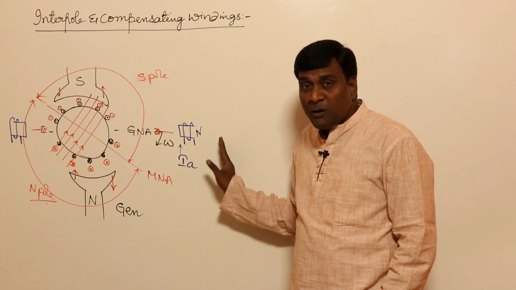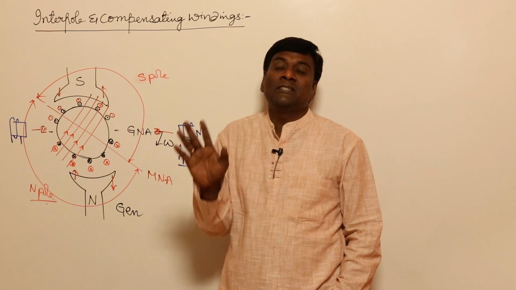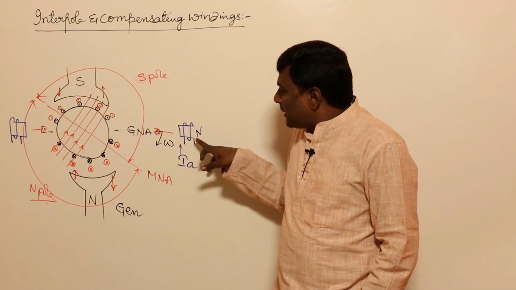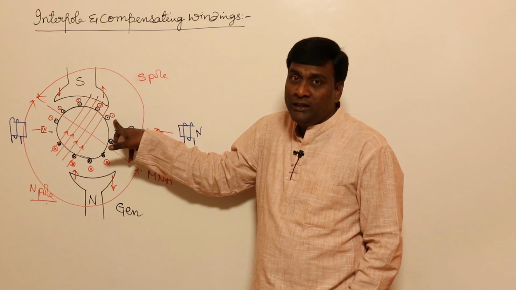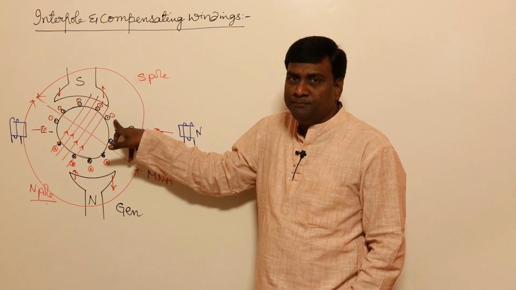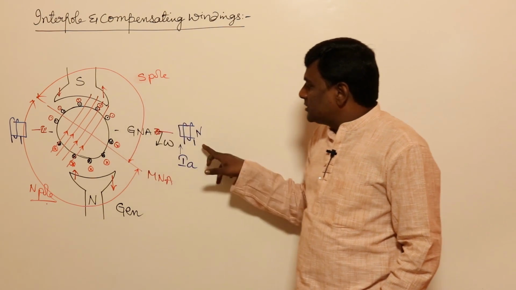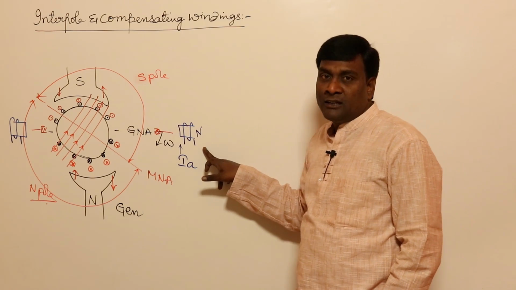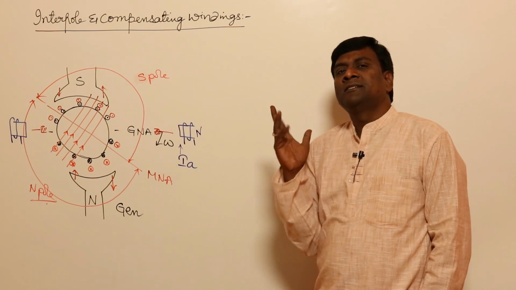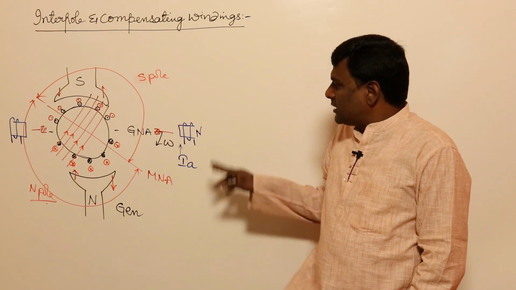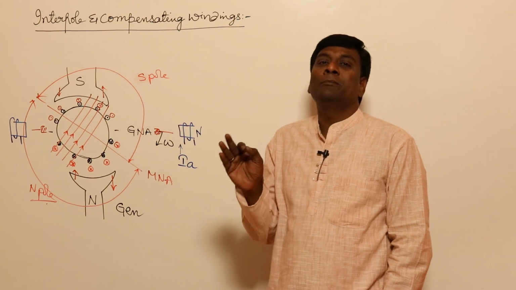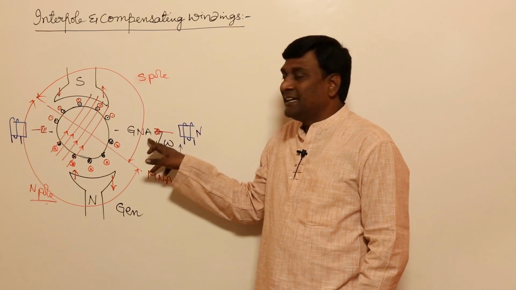So my interpole should be connected in series with the armature current, because the shift is happening because of load currents inside the armature conductors. If it is of armature currents only, then compensation will be exactly proper. And the interpole has to compensate armature MMF at GNA.